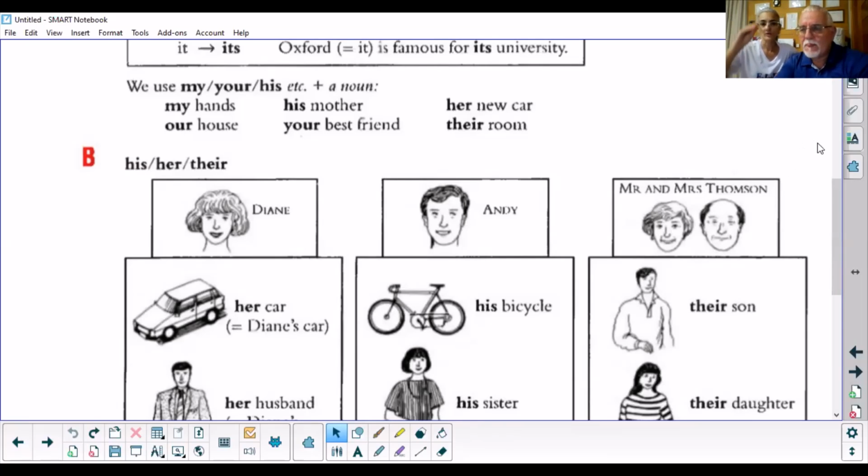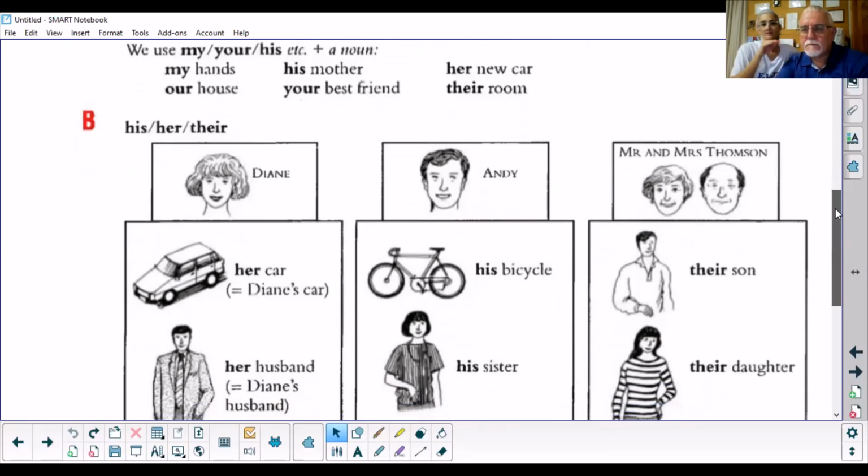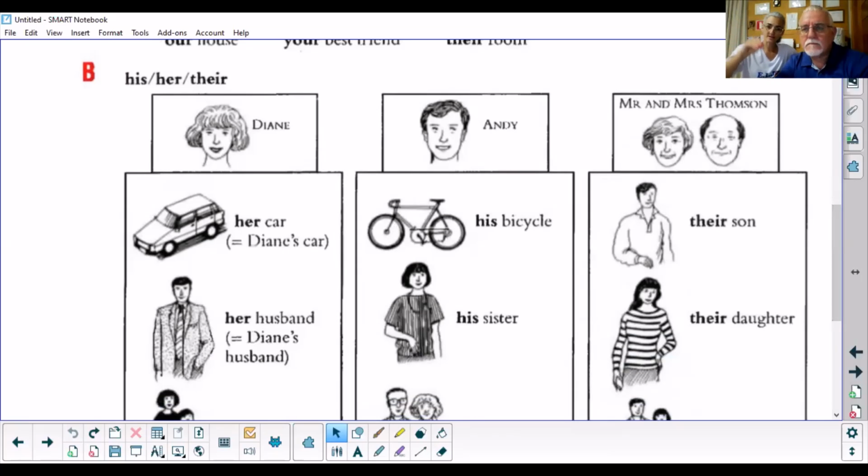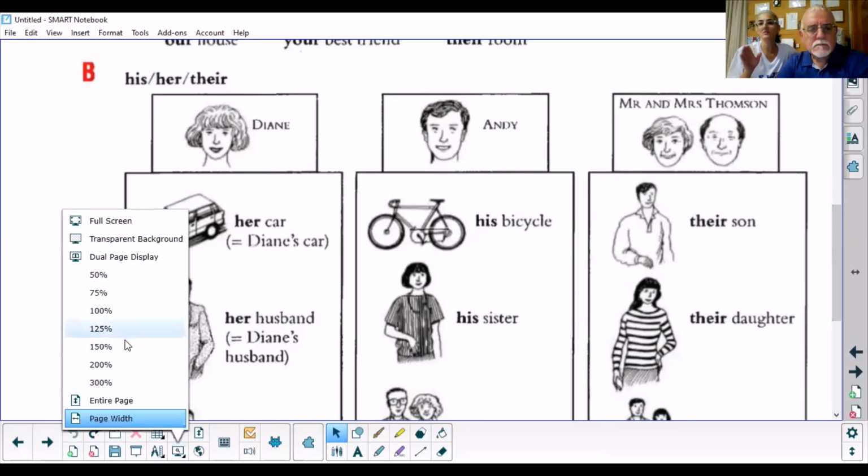Okay? Esses quadradinhos, o primeiro da Daiane, tudo vai ser referente a ela. Então, os pertences são dela. Dela, her. O Andy, todos os pertences são dele. His. Mr. and Mrs. Thompson. Os pertences são deles. Their.